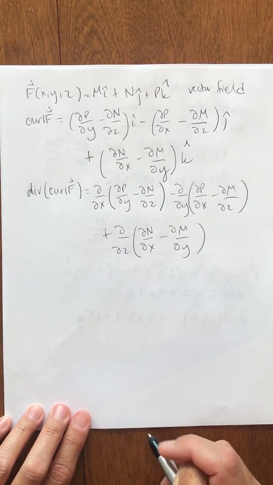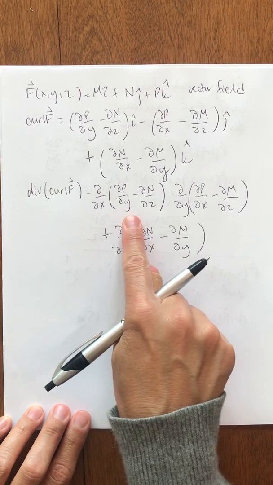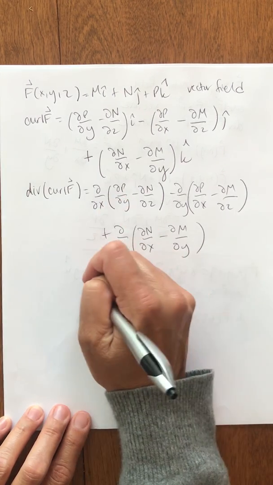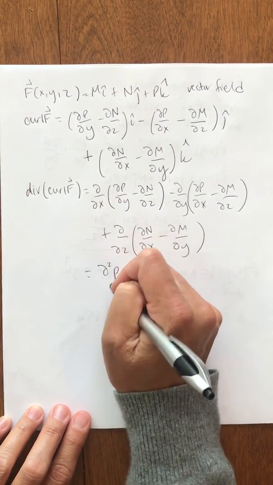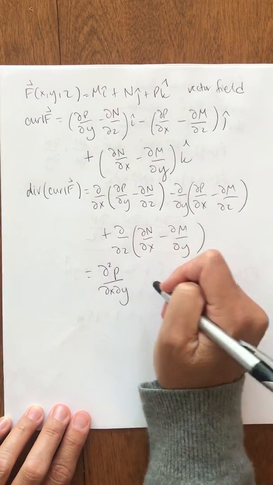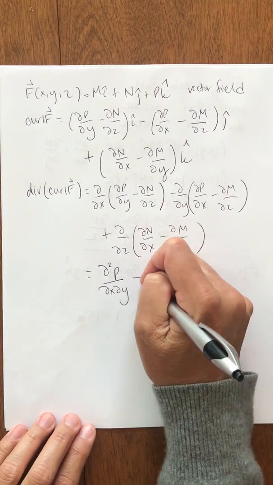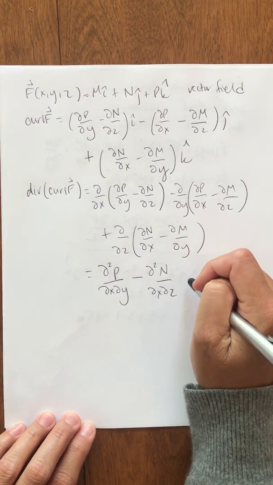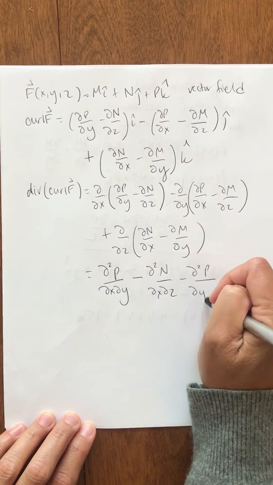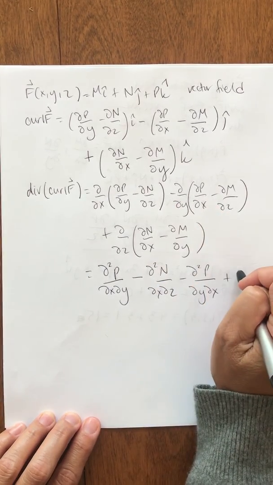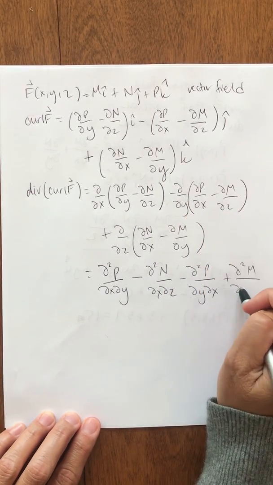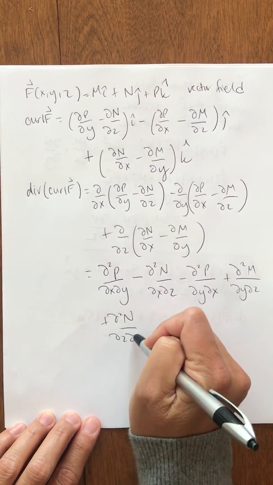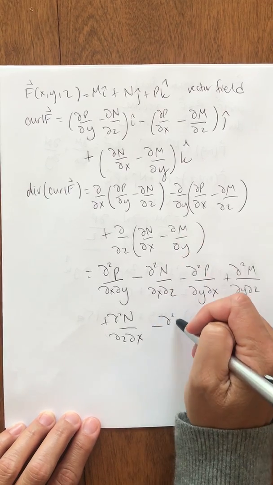Remember, the notation preserves the order of differentiation. So this gives the second derivatives of p with dx dy, minus n with dx dz, minus p with dy dx, plus m with dy dz (minus minus turns into plus), plus n with dz dx, minus m with dz dy.